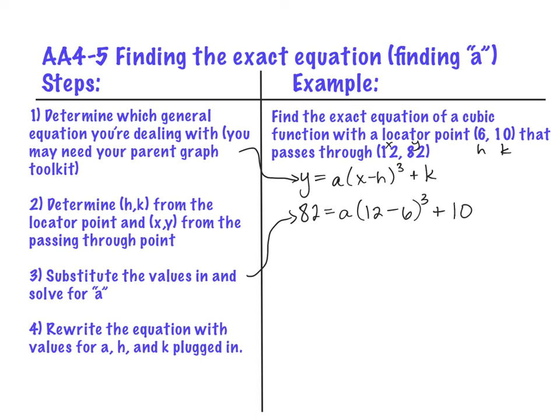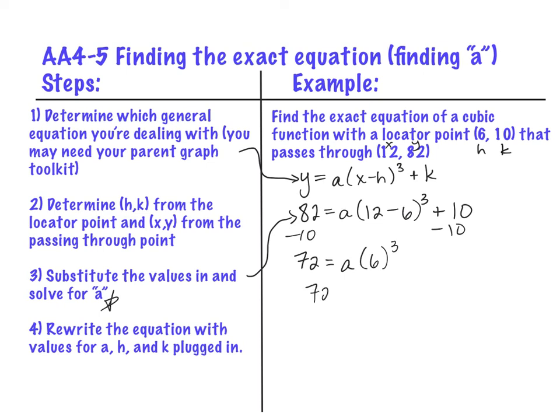So now let's solve for a. Minus 10, so I have 72 equals a times the parentheses. I'm going to go ahead and simplify what's in the parentheses there. 12 minus 6 is 6 to the third power. 6 to the third power is 216.